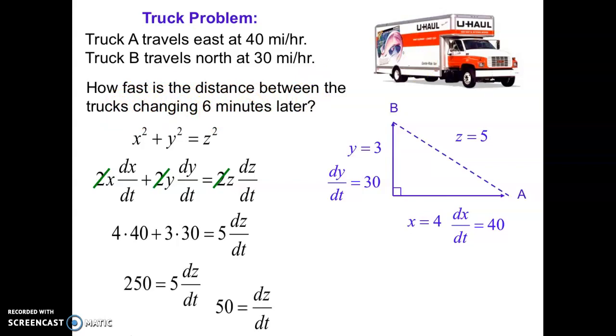Solving, we get 50, and we put in our units. The distance between the trucks is changing at an instantaneous rate of 50 miles an hour, after the trucks have been driving for 6 minutes.